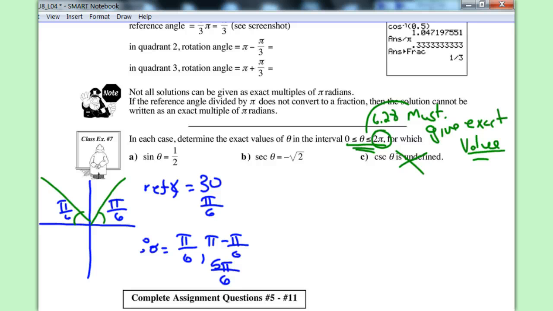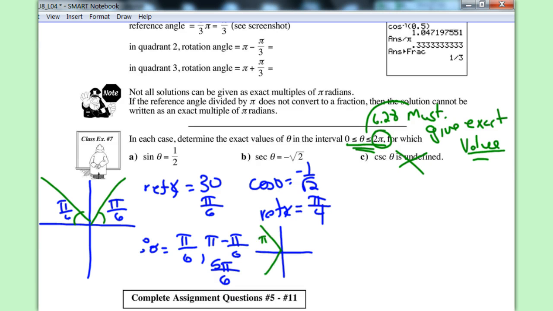How could secant be minus root 2? Well, that's because the cosine of theta is equal to minus 1 over root 2. My reference angle happens to equal, it would be 45 degrees, but now it's going to be pi over 4. I put it in quadrants where that is negative, and those are quadrants 2 and 3.